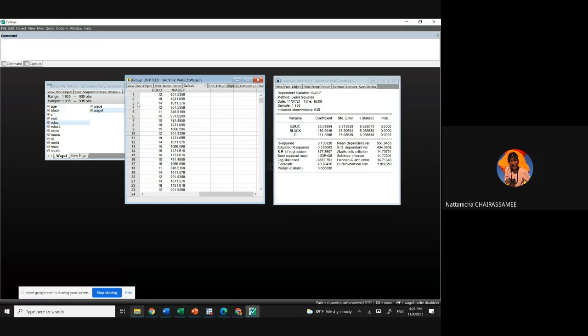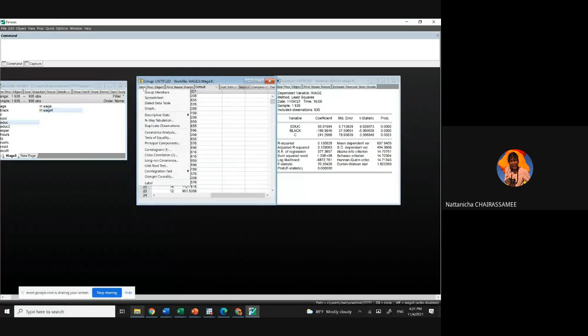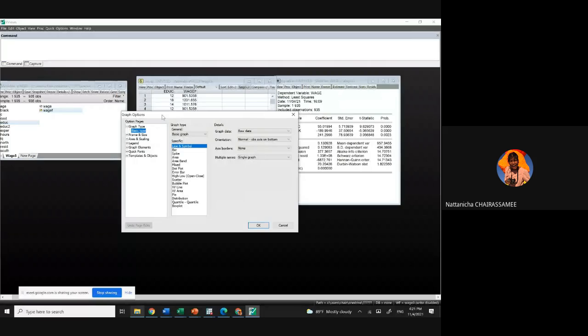And again, we will go to view at the top of the spreadsheet, and then go to graph. We already did it before, right? So once you click on graph, you will get another window. Normally we will use scatter, right? We will not do anything about this window.